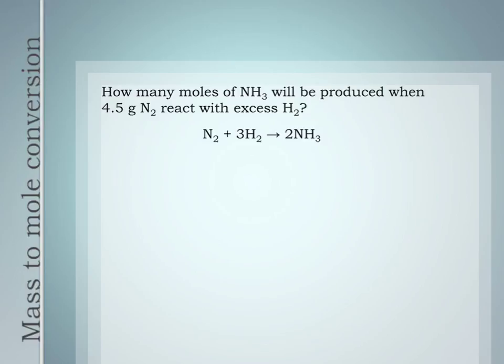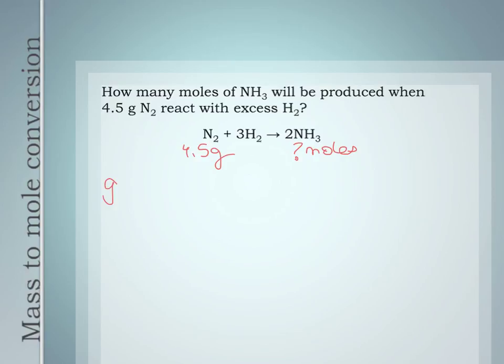Okay, another example. Let's see how we can do this. How many moles of NH3, so we're going to put that under there, will be produced when 4.5 grams of N2 reacts?